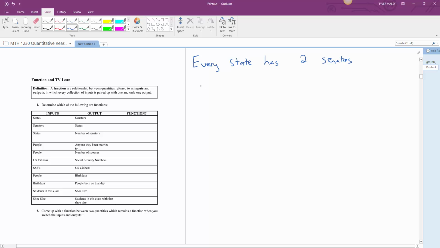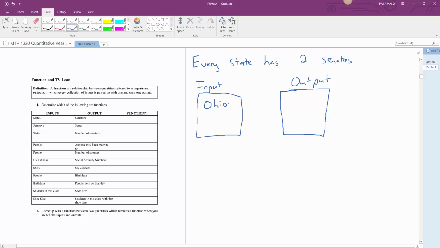So if my input are states, for example, if I have the state of Ohio, then if this is my input, there are 2 senators for Ohio. We have Sherrod Brown and Rob Portman.